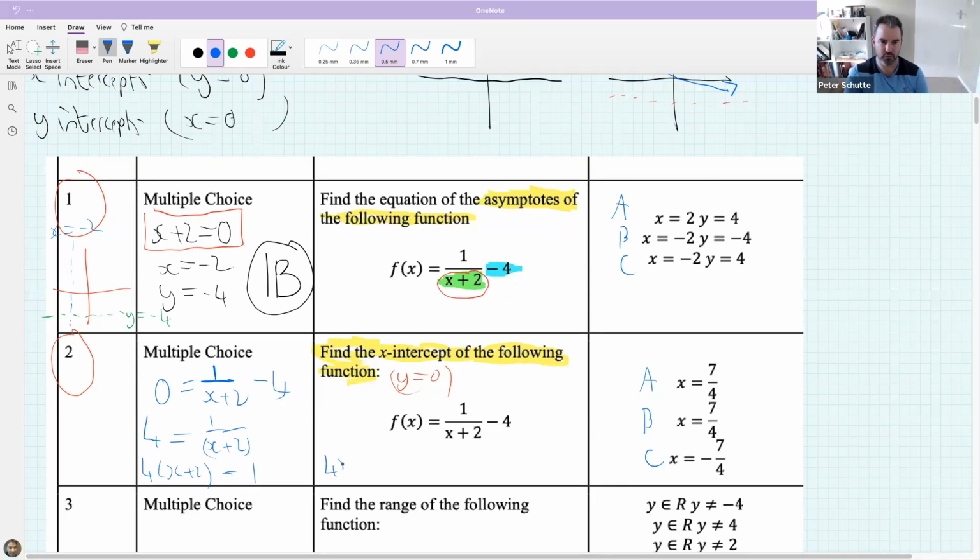So 4x plus 8 is 1. If I move the 8 across, I get 4x is -7. Then if I divide it by 4, I should get -7/4. So my answer is going to be 2C.